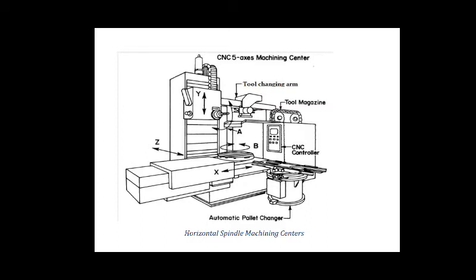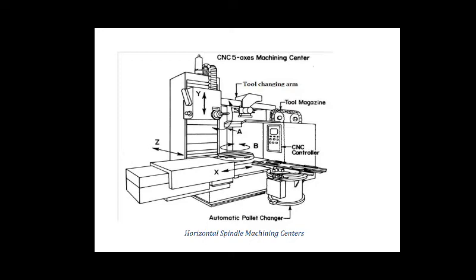They are capable of carrying out many operations, that is milling, drilling, reaming, tapping, boring, etc. And they do not need operator intervention for change of tools and workpiece. These machining centers are equipped with an automatic tool changer, that we will see later on.